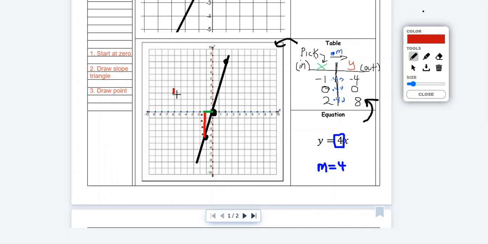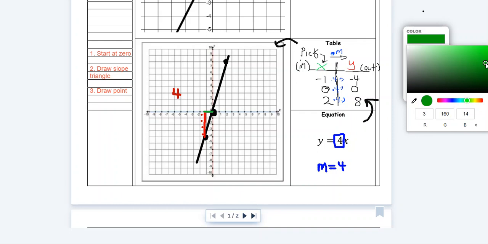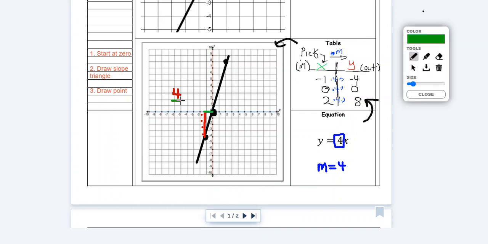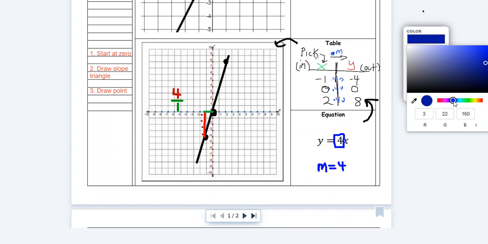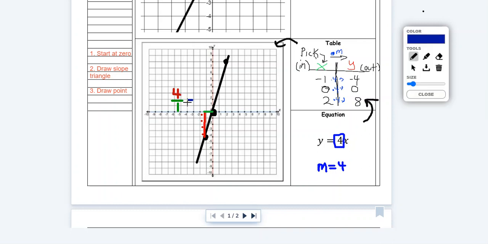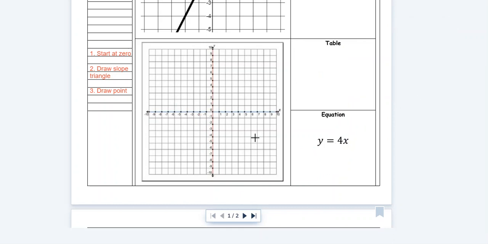So my rise is 4, and my run is going to be 1. So my rise over my run is 4 over 1, which simplifies to our slope of 4. That means I know I've done it correctly because I got the same slope as my equation.